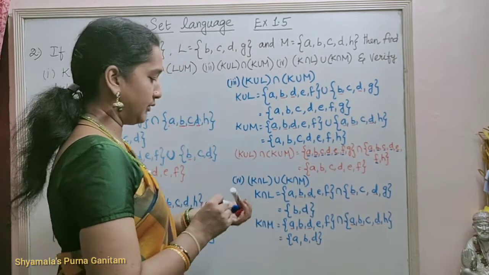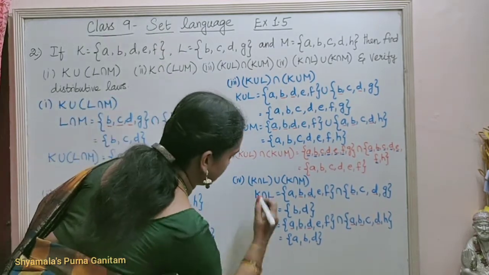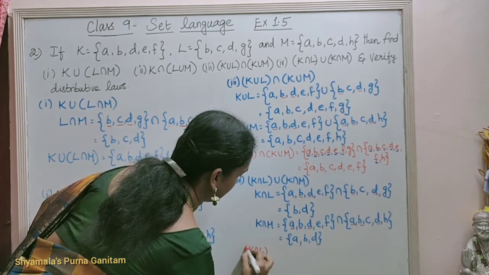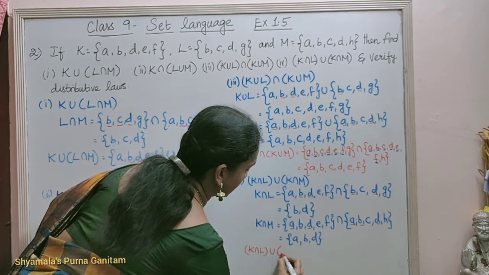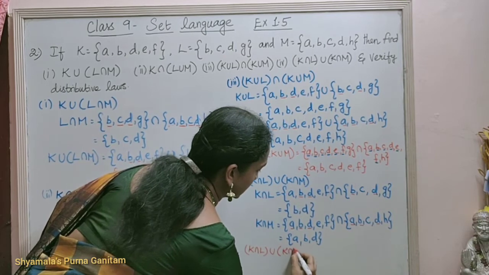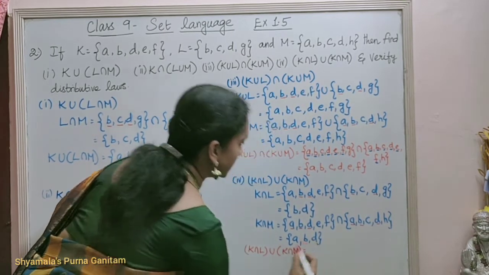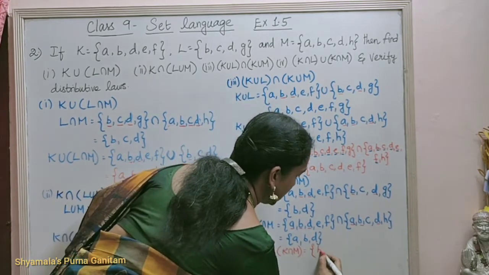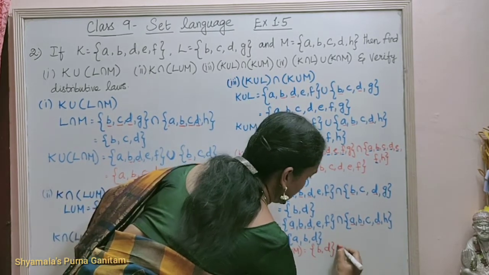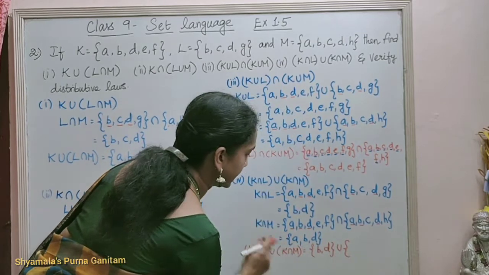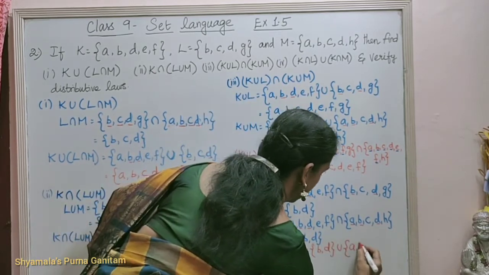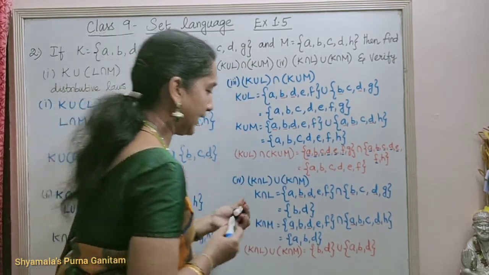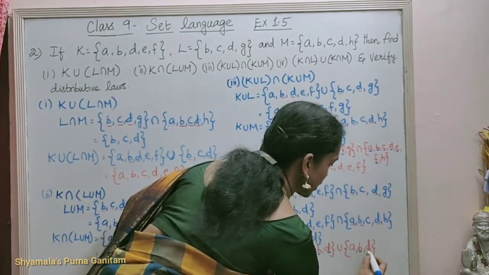So now we will find the union of both the sets. That is K intersection L union K intersection M. This is equal to K intersection L is B and D, union K intersection M is A, B, D. So in this we will get B and D as common for both.